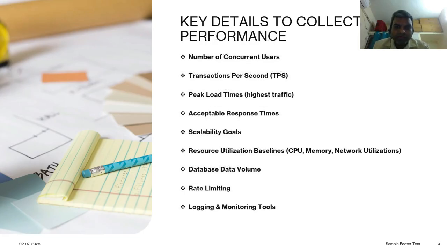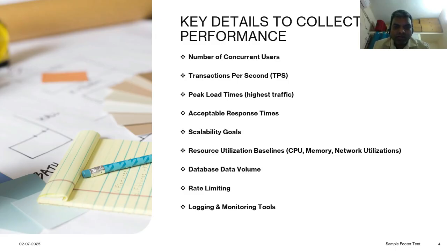In performance testing, we need to check how the application performs under the expected workload. It's not about finding bugs, but about eliminating performance bottlenecks. The bottlenecks come from CPU utilization, memory utilization, network utilization, operating system limitations, and disk usage.